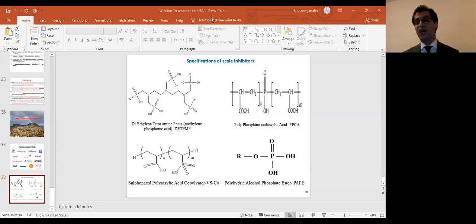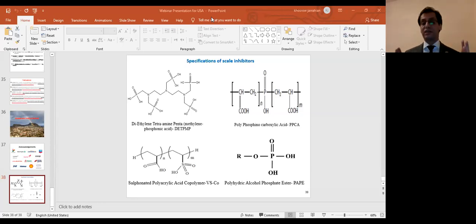Another challenge is the environment. Those scale inhibitors which I presented today are not environmentally friendly, so we need green scale inhibitors. On the other hand, we need to look at the chemical structure of the scale inhibitors.